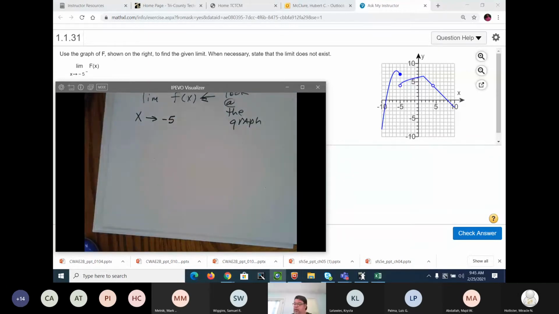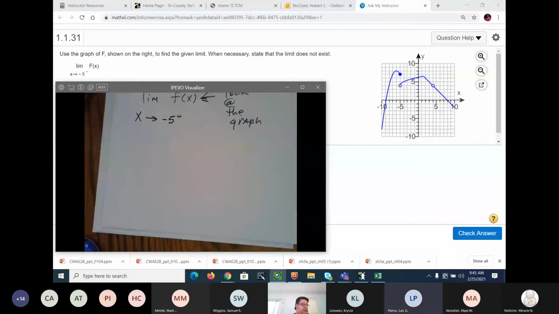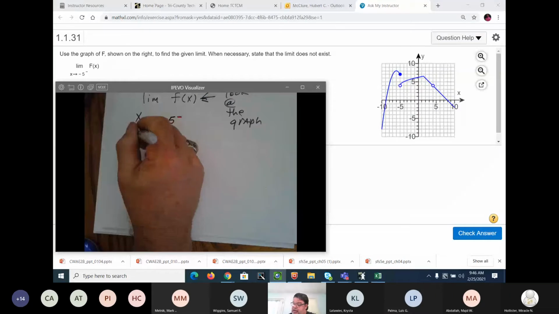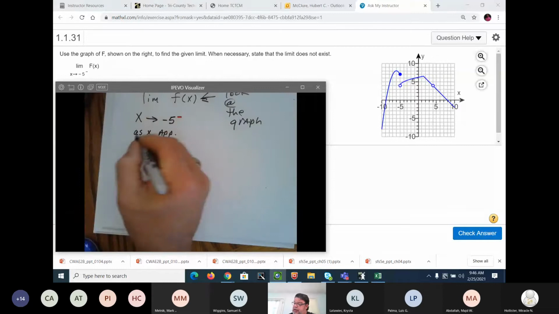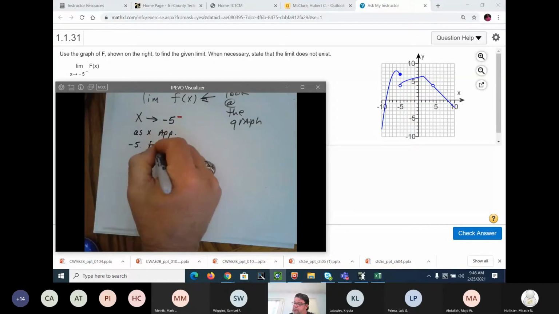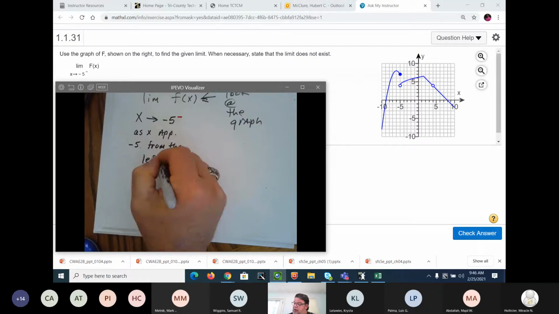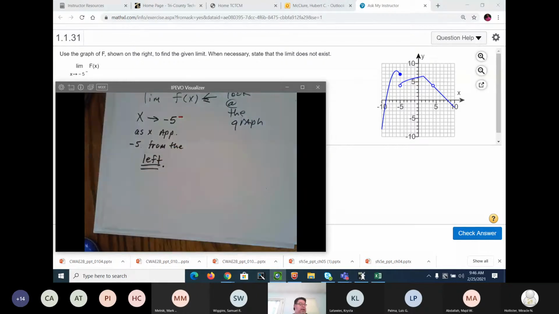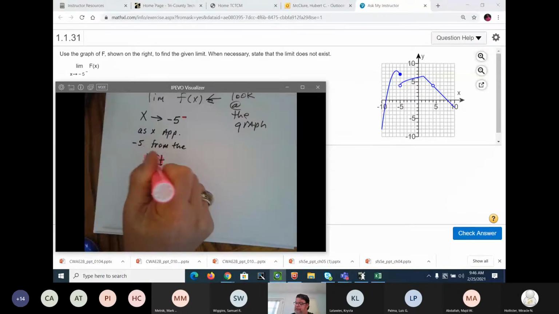I'm going to put the negative right here in red. What does that mean? That means from the left. So as x approaches -5 from the left. Now, left is an important word, and I'm going to highlight it in pink to go with the red marker, the negative.